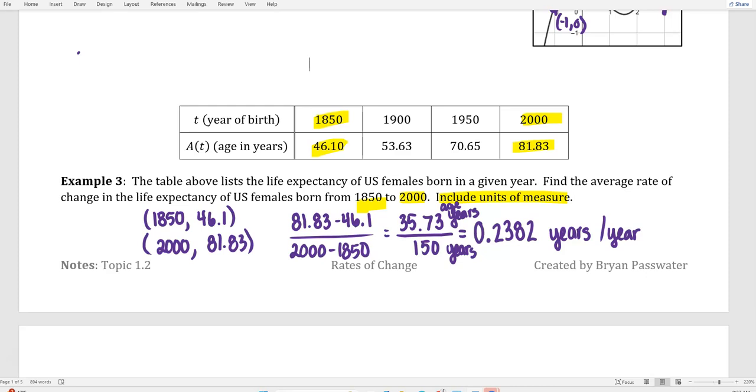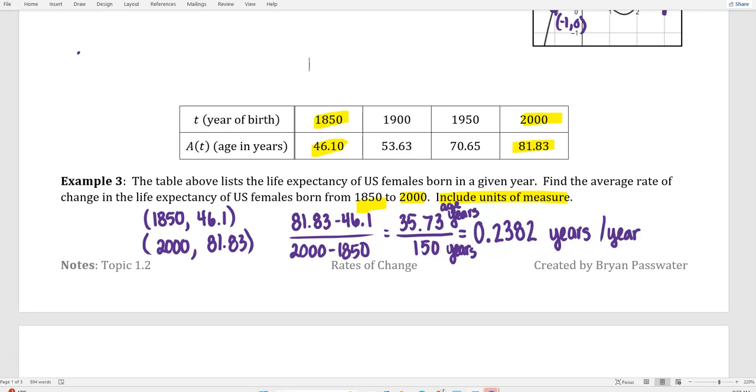It's like an increase in life expectancy of 0.2382, right? So say it in a sentence for me using the units. The sentence I found is there is a 0.2382 increase in life expectancy each year. Correct. So there is a 0.2382 year increase in life expectancy every year.